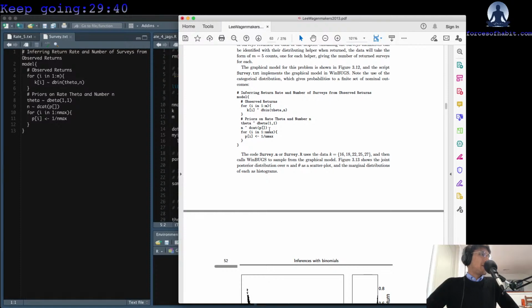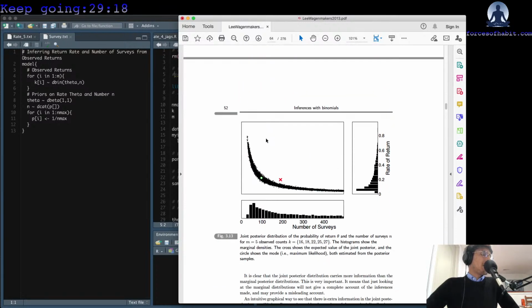Now we're going to use a for loop to fill p. It looks like p is the total number of surveys. Is it the probability of the total number of surveys, or just the number of surveys?